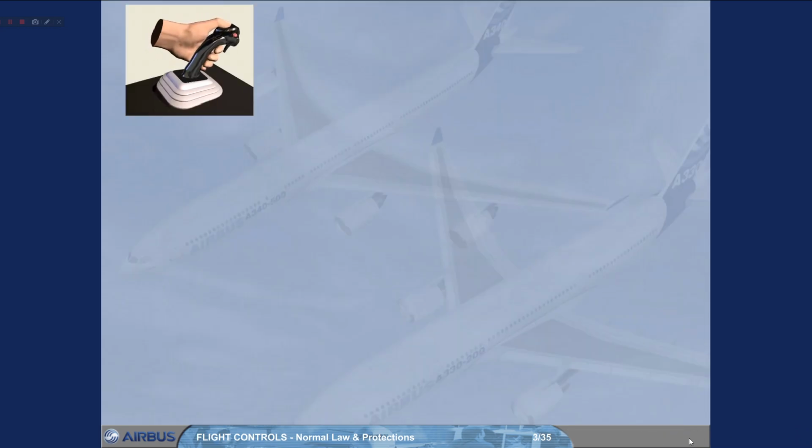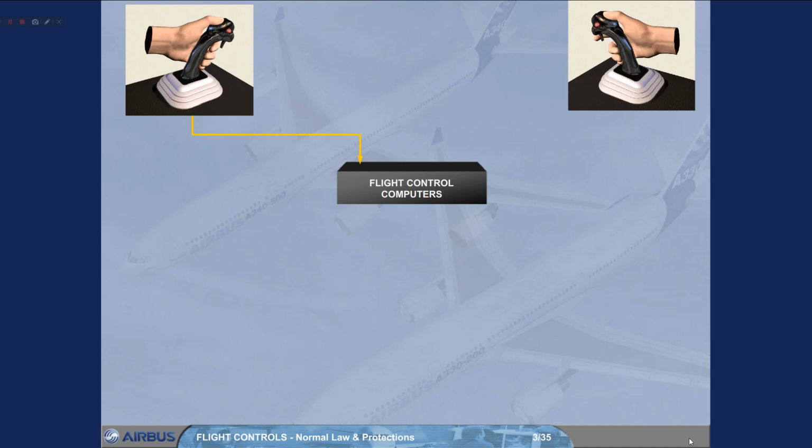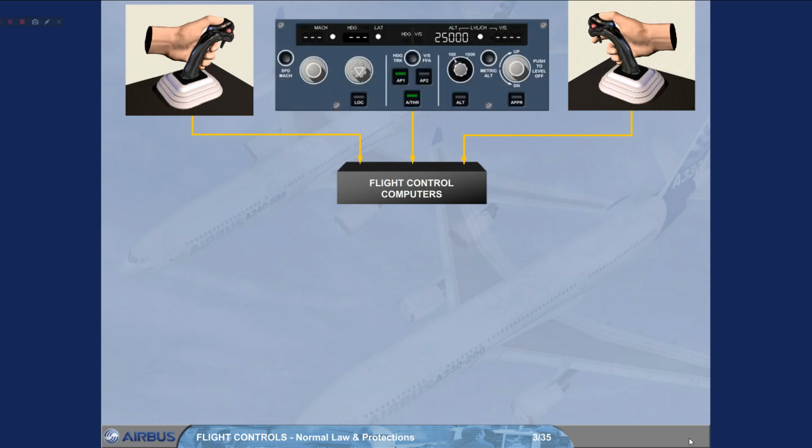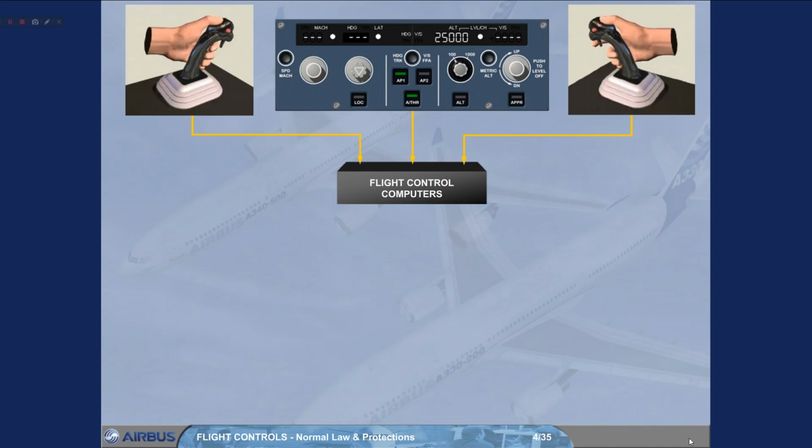A side stick or an autopilot sends a message to the flight control computers asking for an aircraft maneuver. The flight control computers process the demand and send it to the control surfaces.